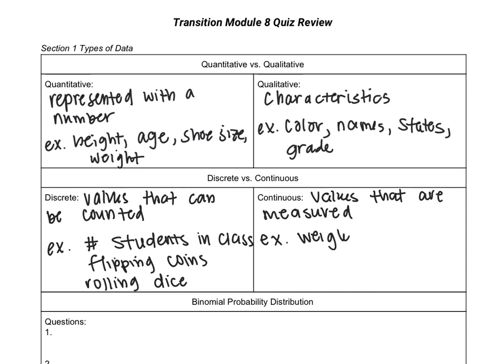You measure someone's weight. It can also be height. We can measure people's height. Time. So either times it takes you to run something, time it takes you to get to school. There's a lot of different things that we can measure for continuous data.